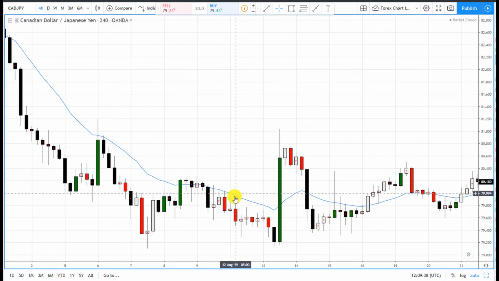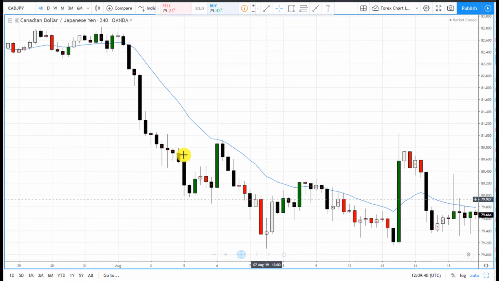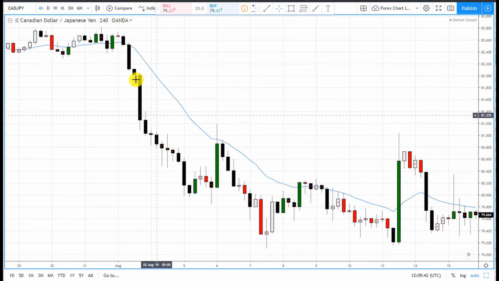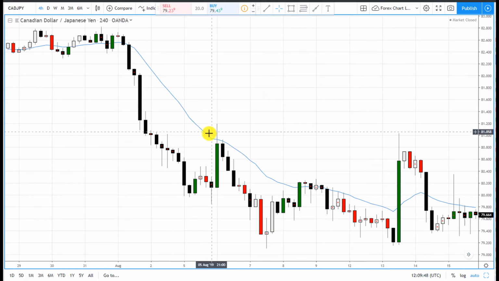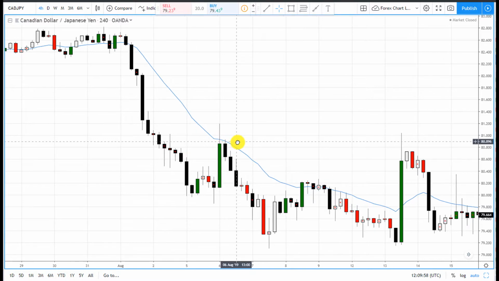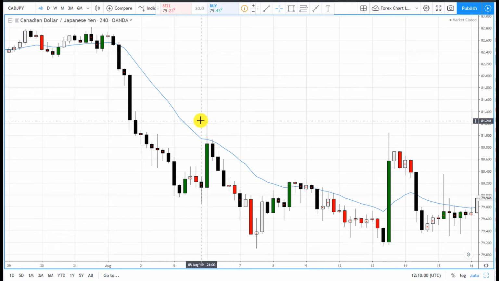So you can see that price came here, dropped, then rallied, and then dropped again. As it was dropping, it had this wick. This is not a bearish pin bar, but still it gives us insight into what price is doing.